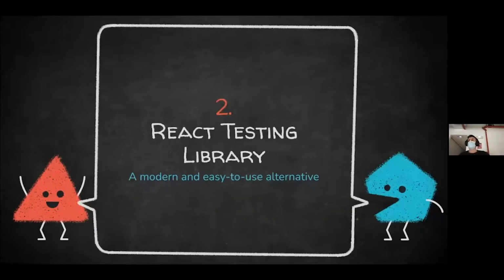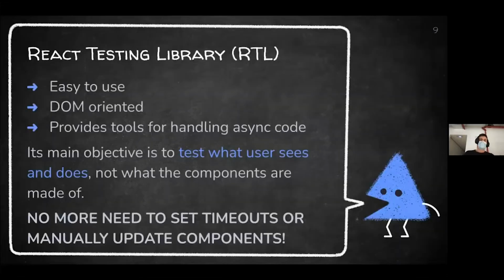So, to solve those problems, what came up was React Testing Library. It came up as a modern and easy to use alternative, which just has its drawbacks, but let's see. Kent C. Dodds, the one that created React Testing Library, made it and said this is easy to use, DOM oriented. It doesn't test components, it tests the real DOM, which is what the user sees, and it has tools for handling async code more easily than what Enzyme does.